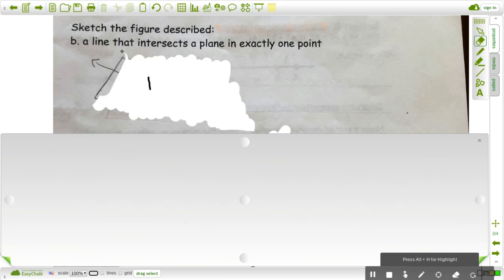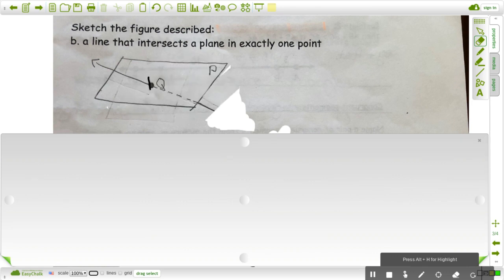And here it is. And remember, you always have to draw these dashes if you're trying to show that something is there, but it's not in front of you. Like, it's behind the object, so you draw those dashes.